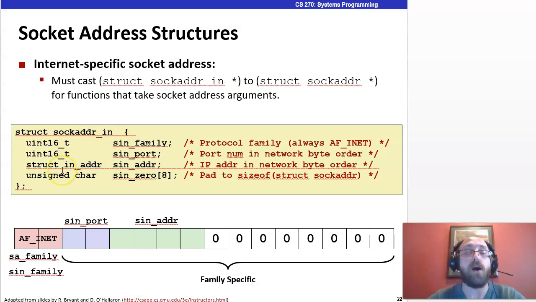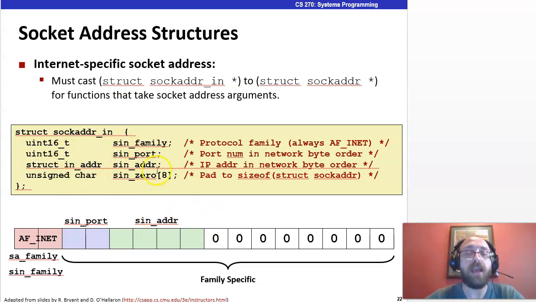This is how we specify the address that we're connecting to, also our local address for our socket, our end of the connection. So we have a family for internet connections that's always AF_INET. AF here stands for address family, and INET for internet. Then we have the port number, which is 16 bits.